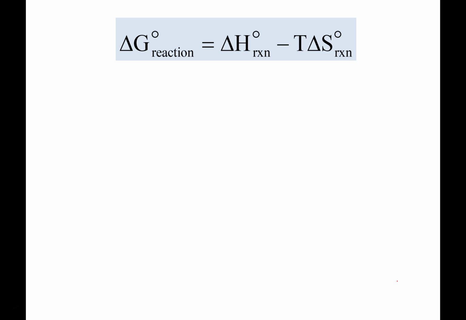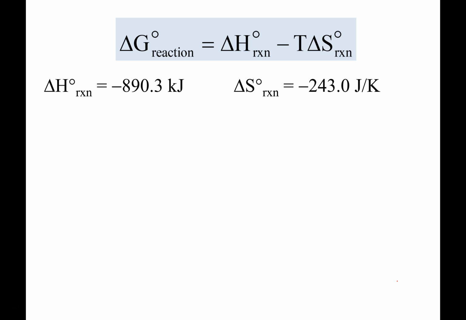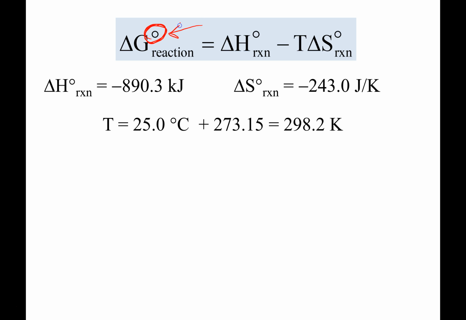We could do a similar thing to come up with our delta G, but let's do it this way instead. You have your delta H and your delta S, so let's plug them in. Now your delta G, your temperature. Sometimes the temperature is a little elusive, but if you're working with standard conditions, you know that it's 25 degrees Celsius.